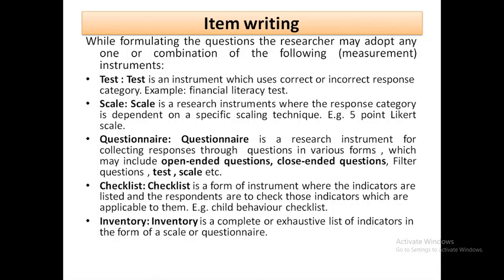Then scale. This is a research instrument where the response category is dependent on a specific scaling technique. For example, a 5-point Likert scale. Now, there are various situations where response cannot be sought as correct or incorrect.